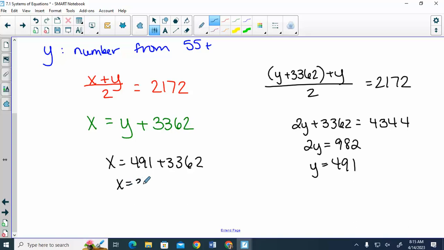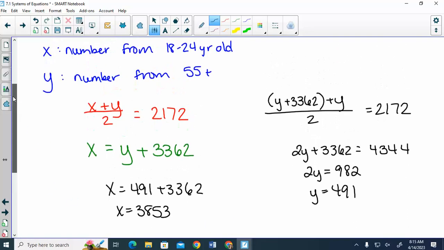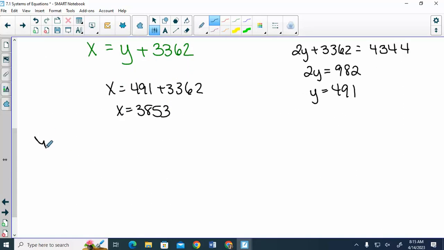I feel like once like that, we gotta show our work. I feel like you just kind of like put it in. You mean for finding the x? Not necessarily. Okay, so the sentence we need to know how many were from each age group. So x was the number from the 18 to 24-year-olds.